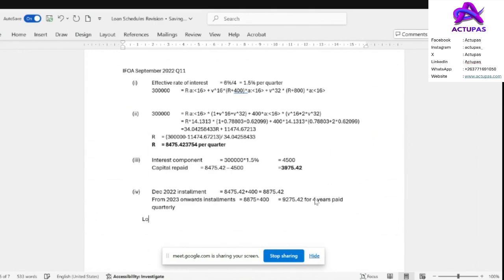So the loan outstanding will be equal to the December installment 8875.42 times V, because we are discounting it once, and the rate of interest is still 1.5%, plus for the next 4 years, 9275.42, with a V again, times an annuity, A, 4 times 4, A16, and we can get this from the table.